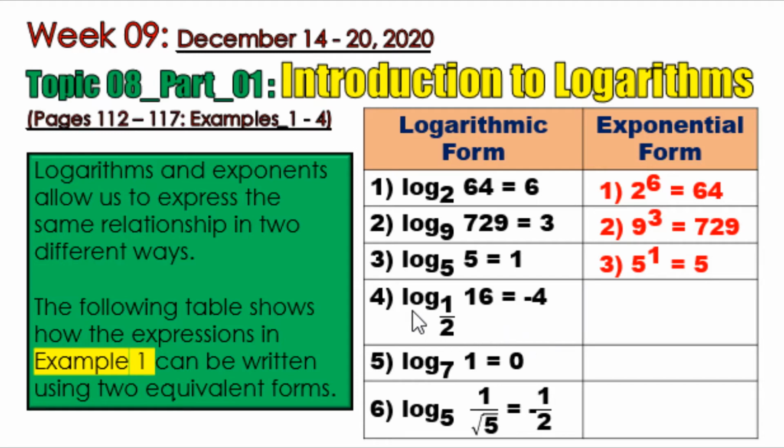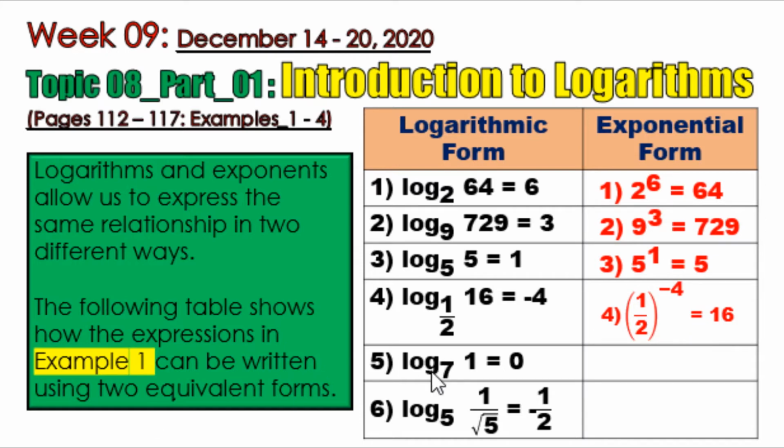Next, we have number 4, logarithm of 16 to the base 1/2 is equal to negative 4. So what do you think? What is its exponential form? Okay, so the answer is 1/2 raised to negative 4 is equal to 16.